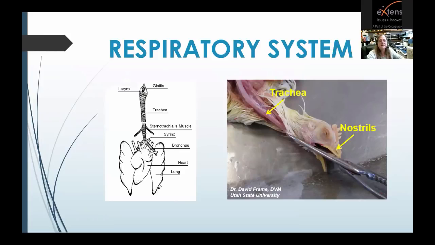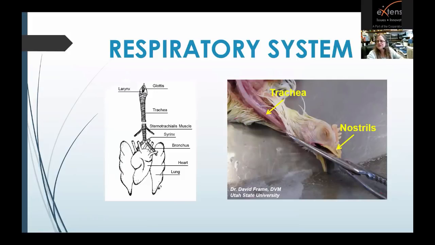This can happen in wet forms of fowlpox, for example, and so the birds die of respiratory failure. So if you are doing a necropsy, make sure that you check that area where the syrinx is to see if there's a blockage.